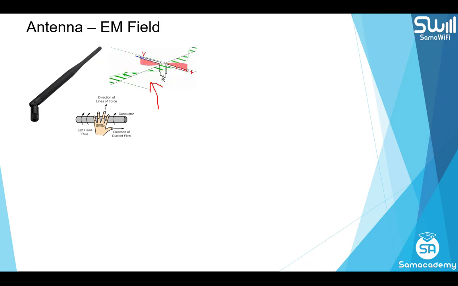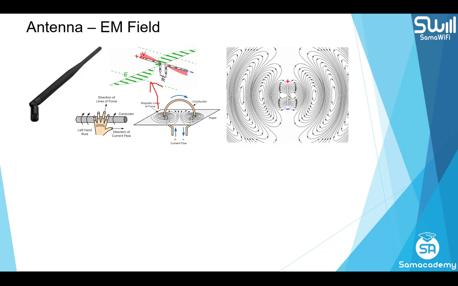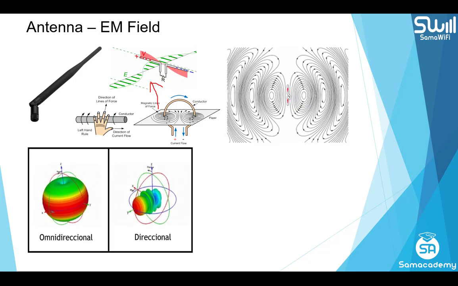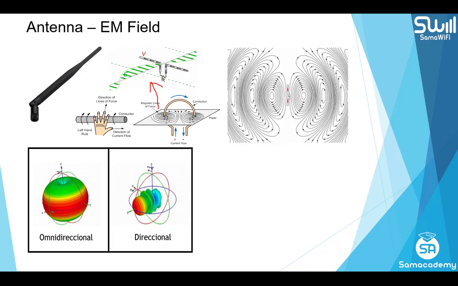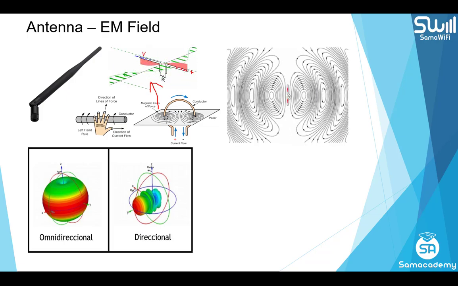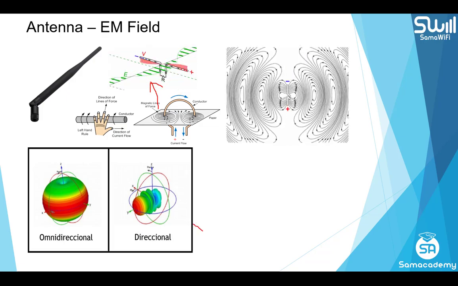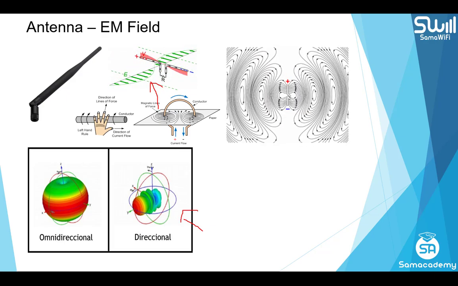Basically, the antennas could be grouped into types: omnidirectional, equal signal sent in horizontal directions, therefore less signal is propagated vertically. Directional, which directs the signal mainly in one direction.